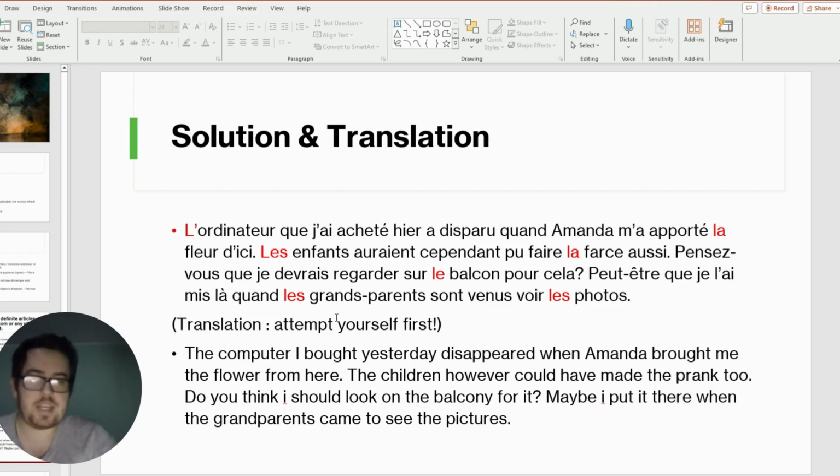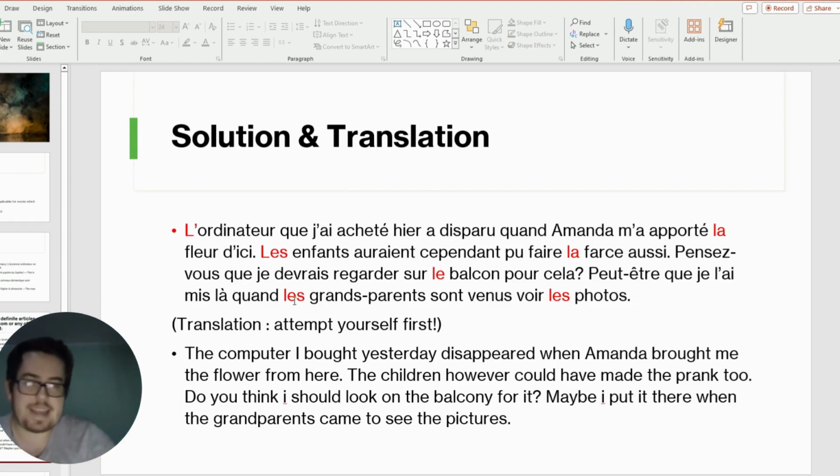Peut-être que je l'ai mis là quand les grands-parents, now we know for sure that is plural because you also see the plural of the adjective grand over here. In general, grandparents actually means grandparents, right? It's pretty straightforward when translating from English to French.